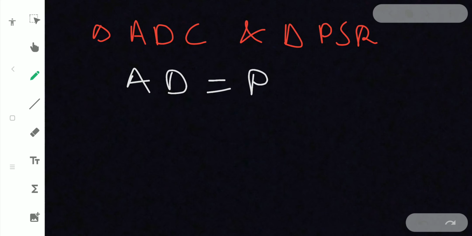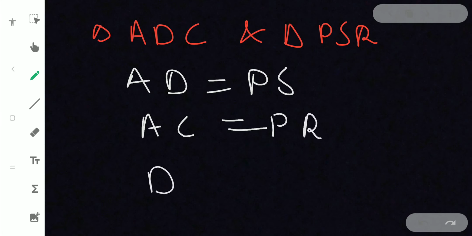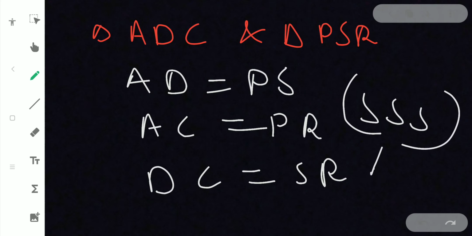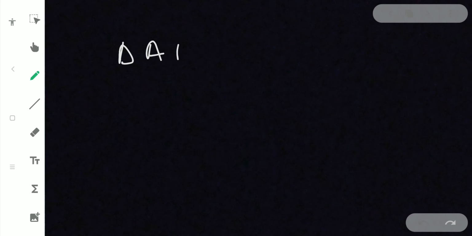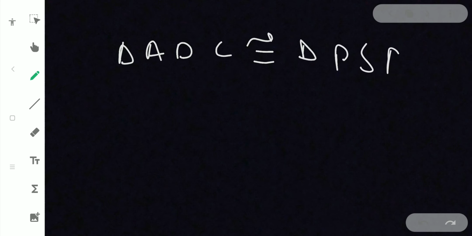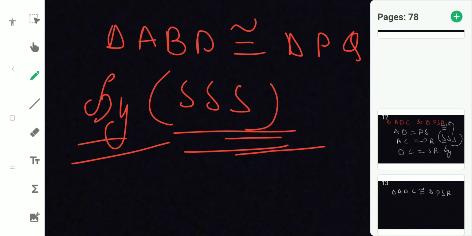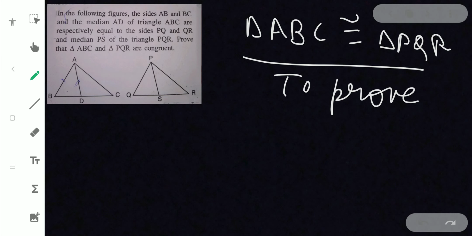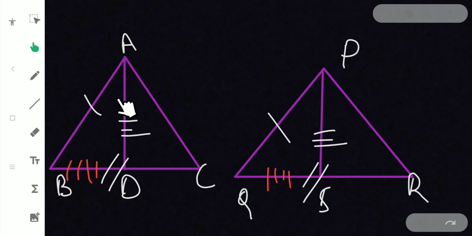Again by SSS, these two triangles are congruent. That is, triangle ADC is congruent to triangle PSR. Now we have proven that the half triangles divided by the median are equal.